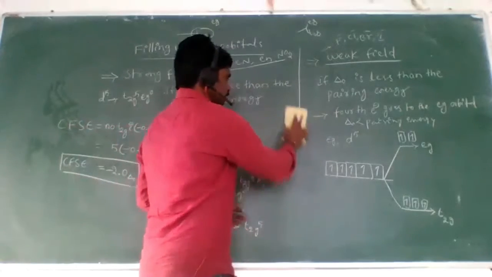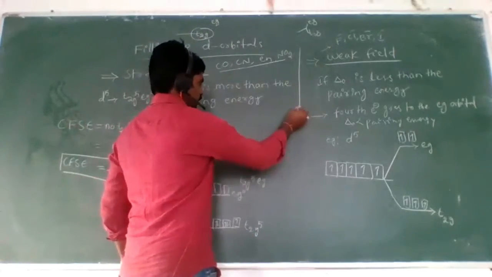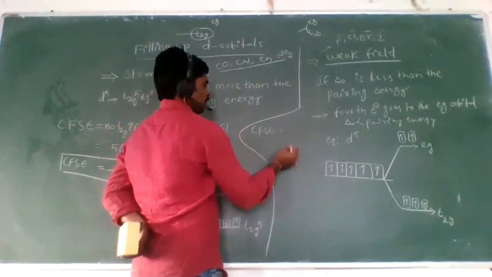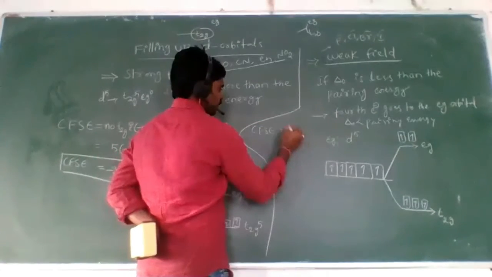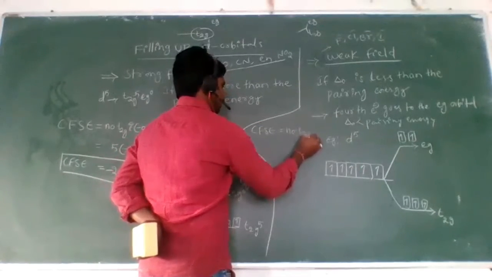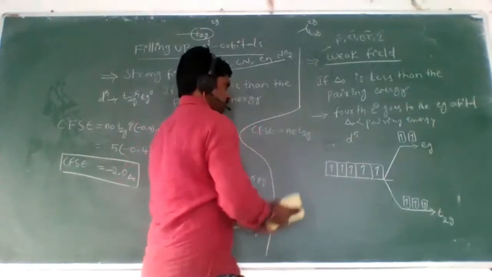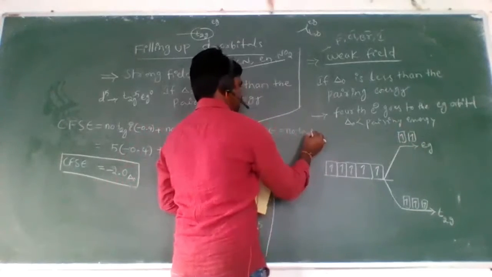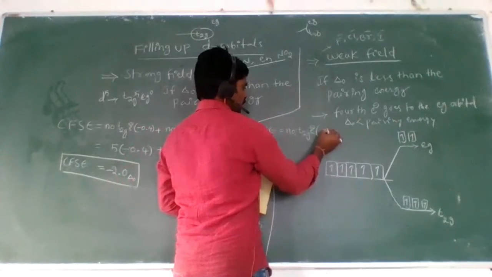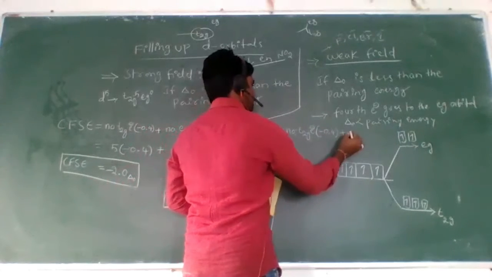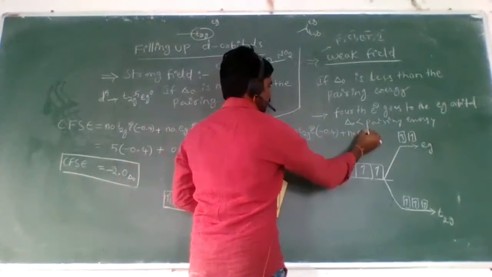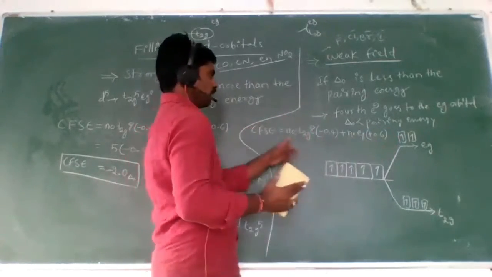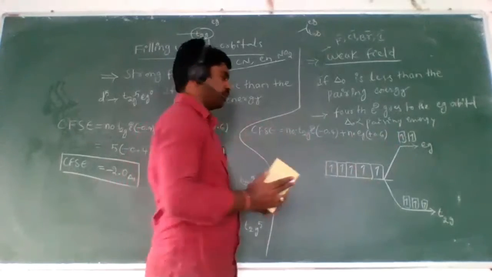Now for the weak field condition, the crystal field stabilization energy is equal to the number of T2g electrons times minus 0.4, plus the number of eg electrons times plus 0.6. Look here, in the T2g, how many electrons are there? 3 electrons, very good.